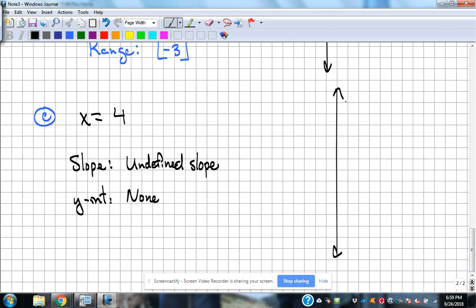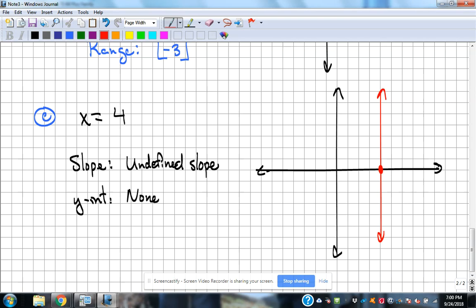It's another one of those. You need to memorize the rule. If it's x equals a number, you're going to go to that number on the x-axis. 1, 2, 3, 4. Put a dot and draw a vertical line. Y equals a number is horizontal. Y equals horizontal. X equals vertical.